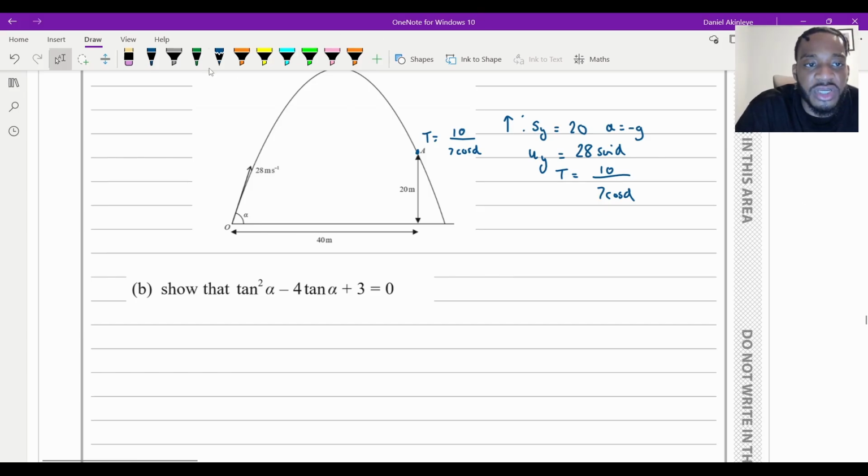So I'm going to say S is equal to UT plus a half AT squared. Then if I plug in everything that I know, it's going to be S, which is 20.